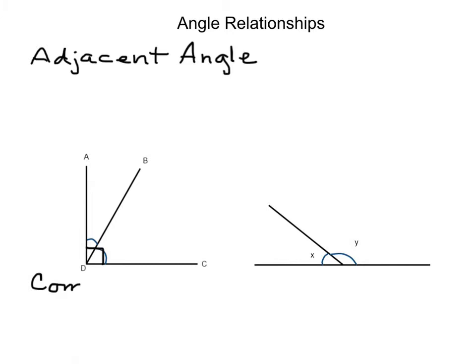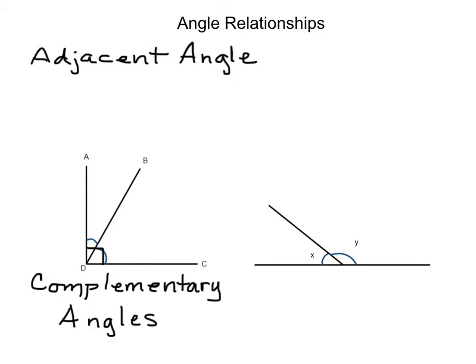Go ahead and put that into your notes. A complementary angle is two angles that form together 90 degrees.